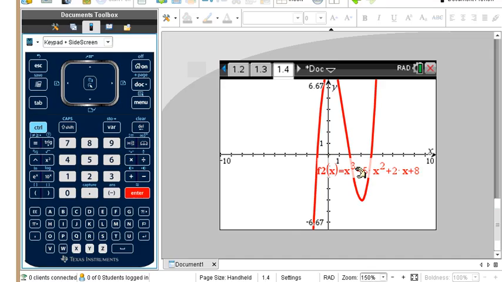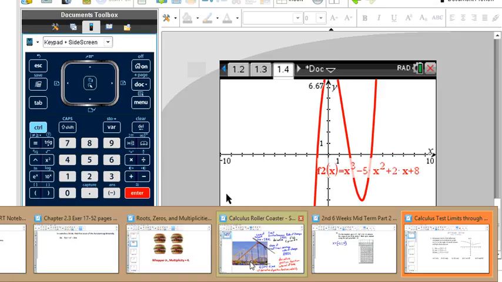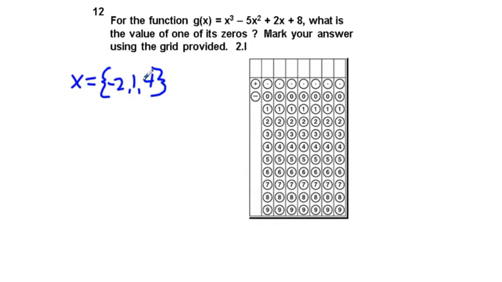If we put in 2 here, which I saw a lot of people do, there we go. That's one possible right answer. Or -1 or 4. Any one of these three answers would be correct.